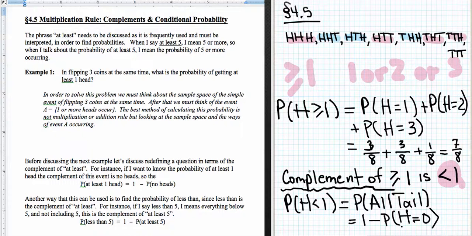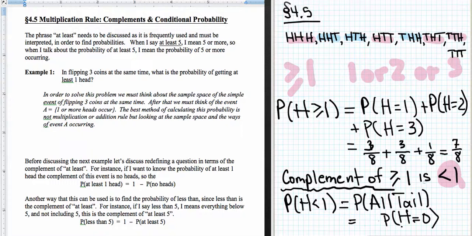And so that's another way that we could look at this. No heads, all tails: the probability that we have all tails is equal to the probability that we have 0 heads.